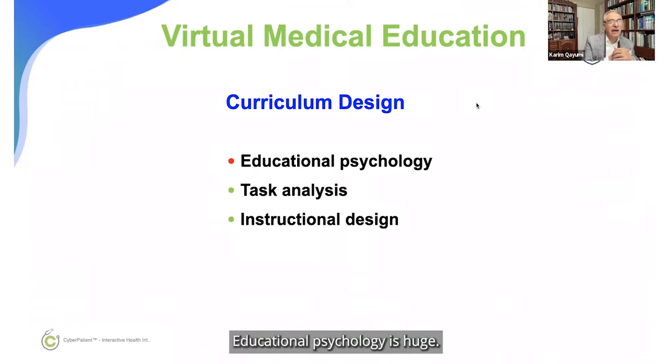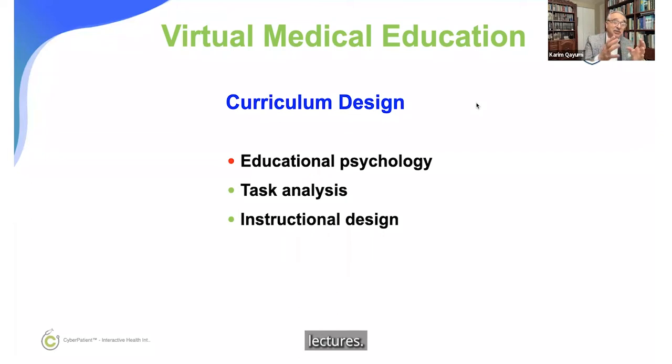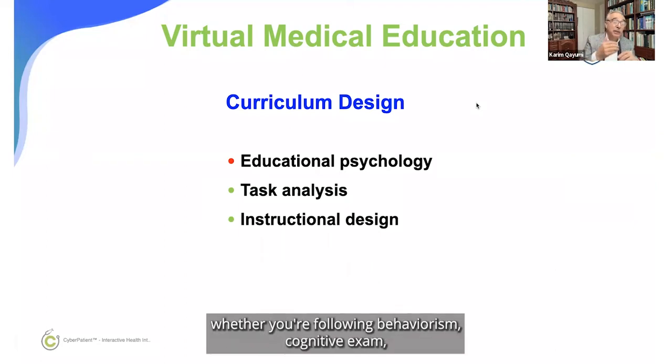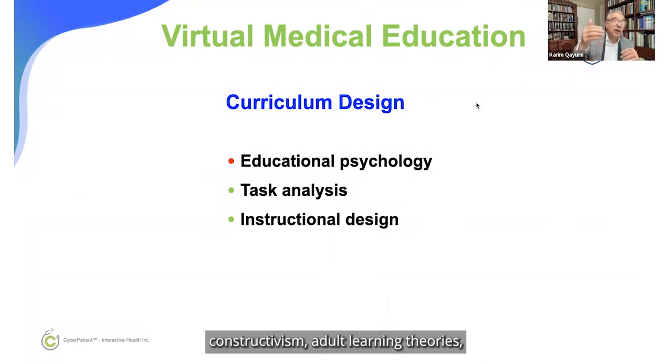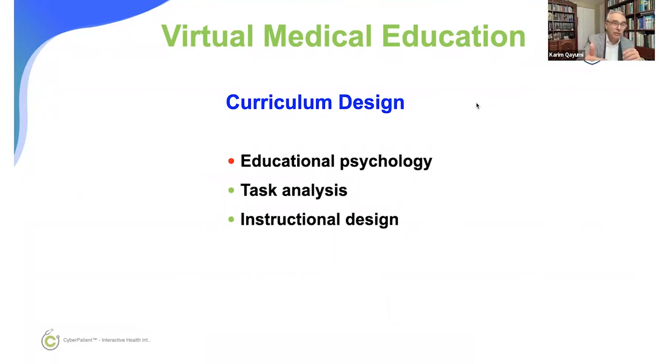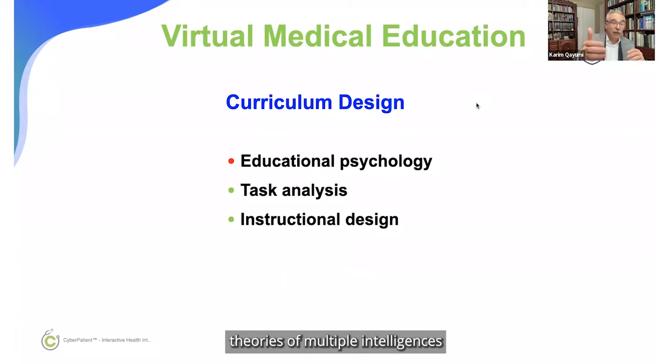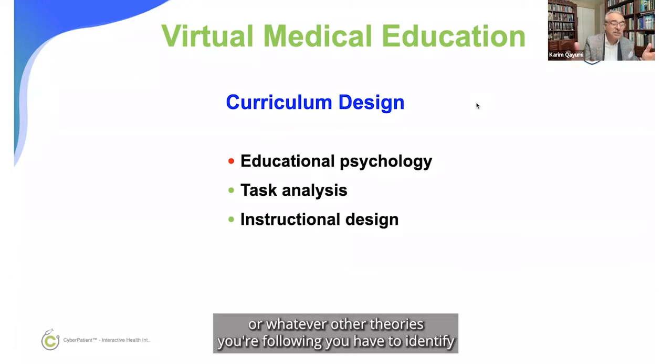Educational psychology is huge, and again, it will require many more lectures. But in brief, you have to identify your educational psychology or educational philosophies, whether you're following behaviorism, cognitivism, constructivism, adult learning theories, theories of multiple intelligences, or whatever other theories you're following.